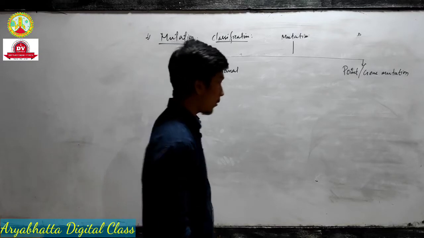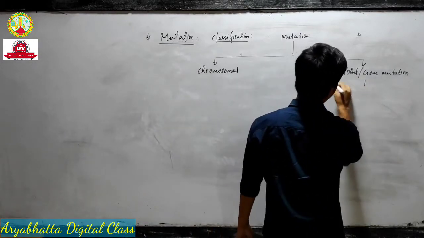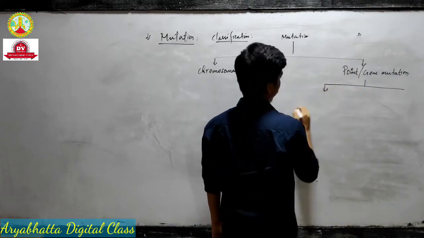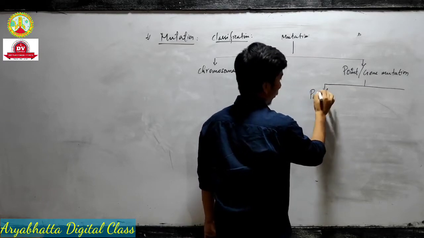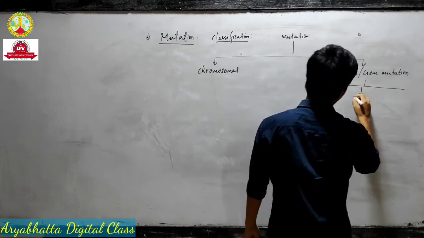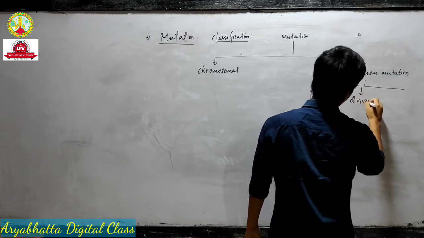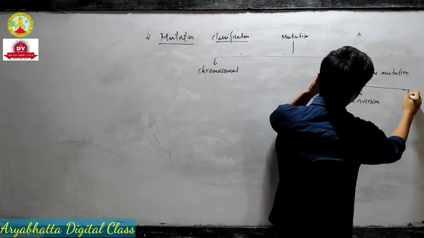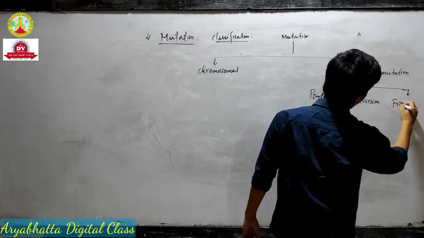Point or gene mutation is classified into three types: point mutation itself, then inversion, then frame shift mutation.